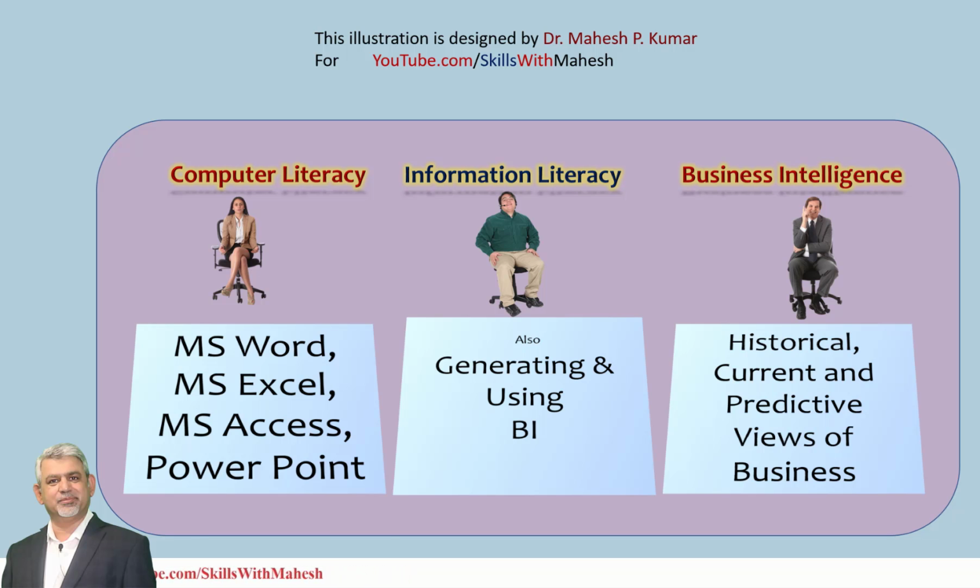It tells us historical information about the business, how we have been doing in the past, and how we are doing presently, and predicts what is likely to be our profitability and sales in the future based on some predictive business models.